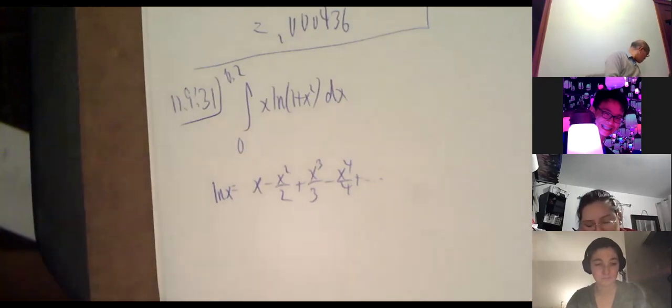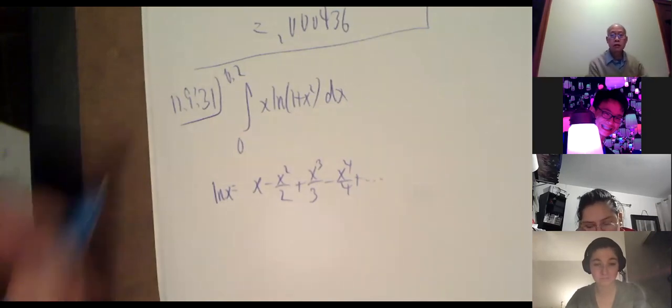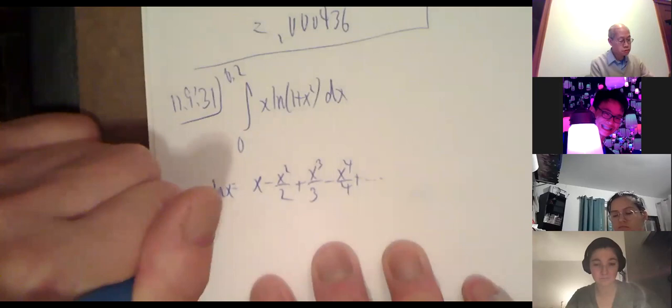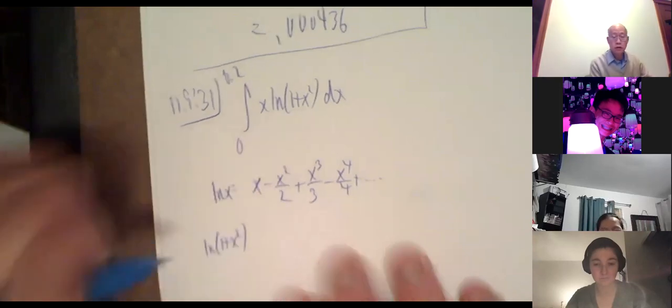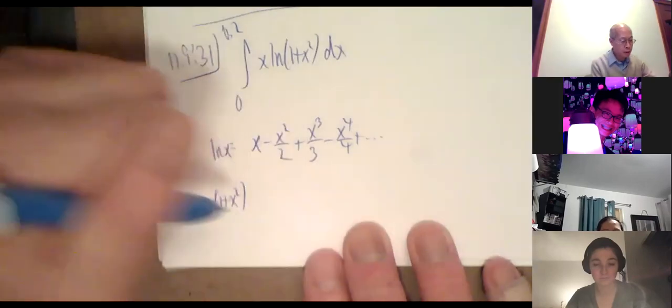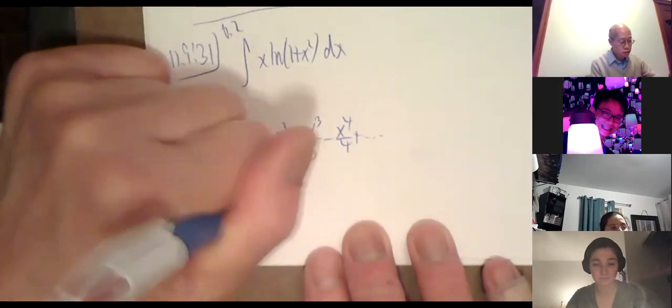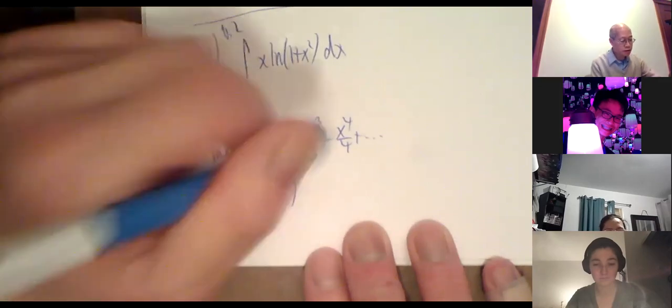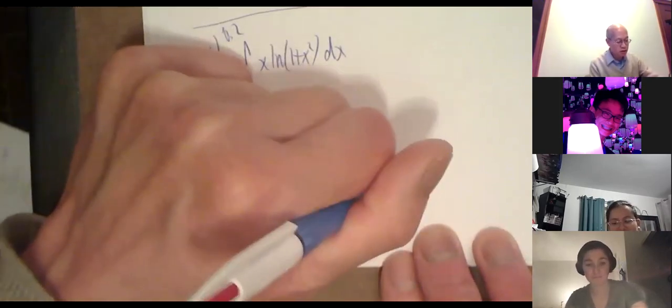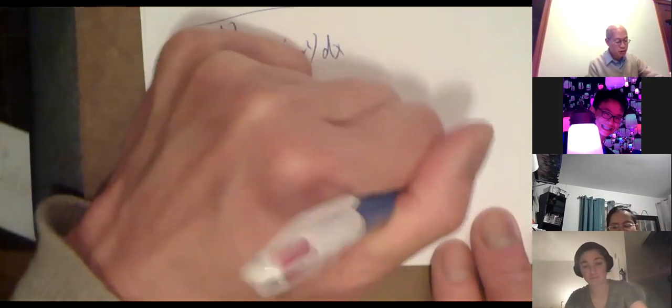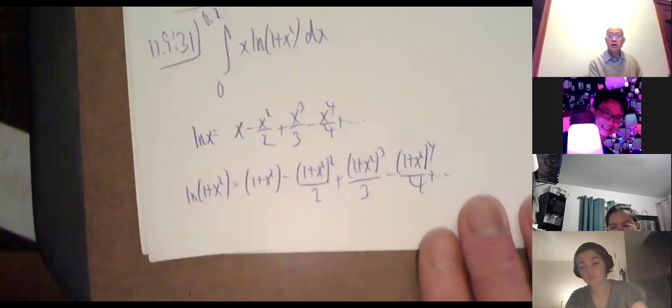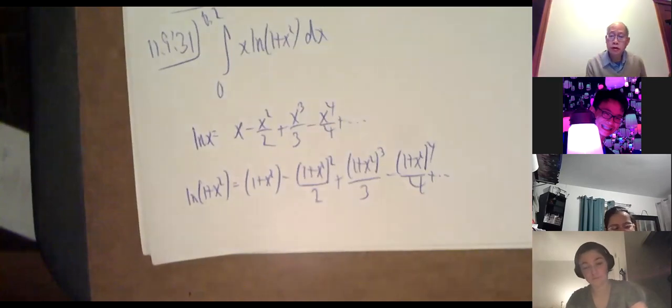Okay, let's see. ln of 1 plus x squared. 1 plus x squared minus (1 plus x squared) squared over 2 plus (1 plus x squared) cubed over 3 minus (1 plus x squared) to the 4th over 4. Okay, that's going to be much too much work to work out. So let me think if there's a better way to do that.